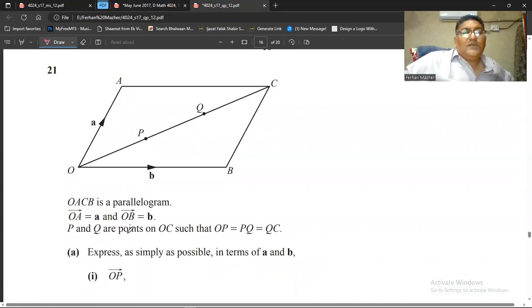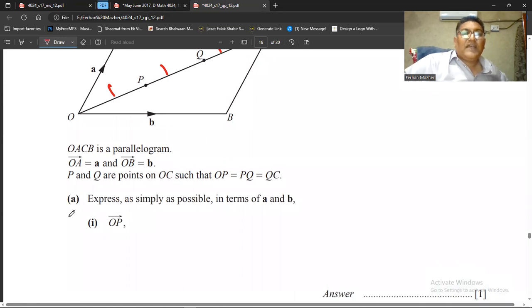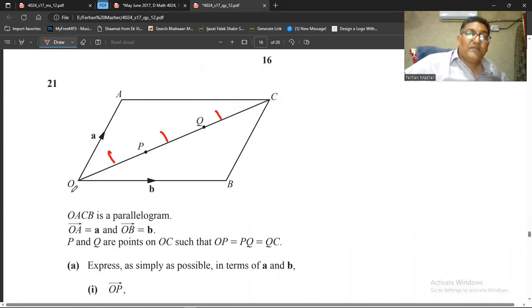P and Q are points on OC such that OP equals PQ equals QC. That means this is 1, this is 1, and this is 1. Express as simply as possible in terms of a and b, the OP. So first of all, I will find out the OC, then OP will be 1 by 3 of the OC.